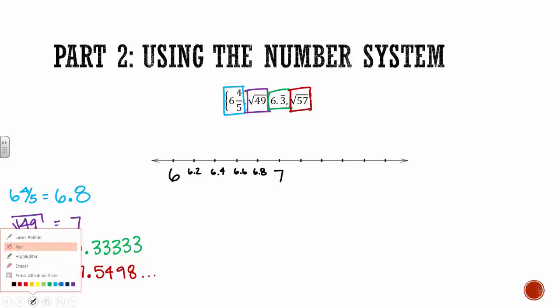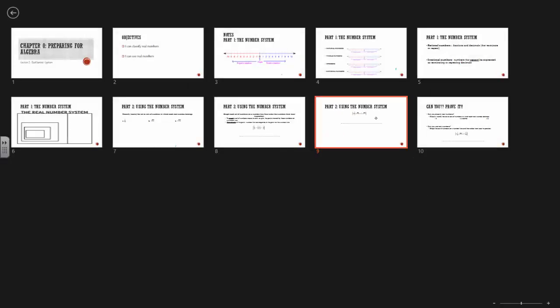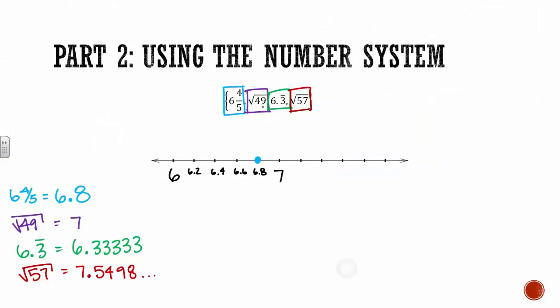So if I plot these numbers, the first one, 6 and 4/5, is right here. The next one, the square root of 49, is right here at 7. 6.3 repeating would be somewhere right in here.